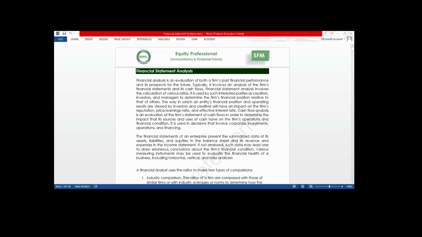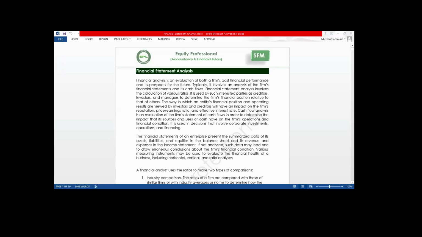Number two, we have vertical analysis of the financial statements. Under vertical analysis, you compare items in the income statements with a major item in the income statement. For example, you can look at the ratio of profit to sales, the ratio of fixed cost to sales, the ratio of interest cost to sales.